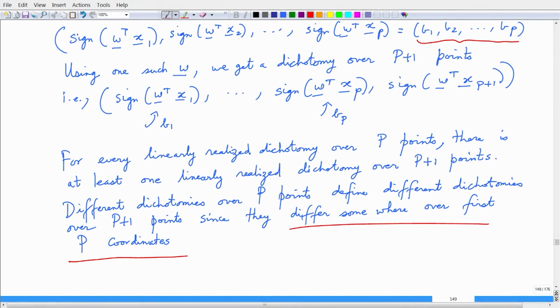For every linearly realized dichotomy over p points, there is at least one linearly realized dichotomy over p plus 1 points, and different dichotomies over p points define different dichotomies over p plus 1 points because they differ somewhere over the first p coordinates. This is basically reinforcing the combinatorial aspect that we see in the geometry of this problem.